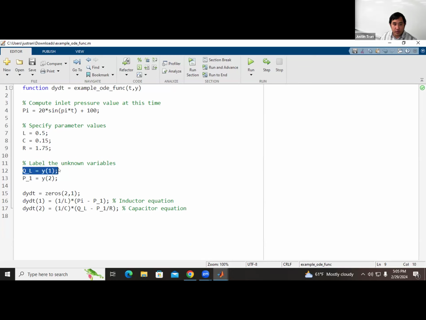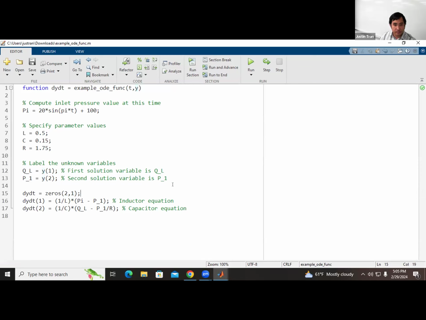We have Q_L equal to y of 1, so our first solution variable is Q_L, and our second solution variable is P1. MATLAB doesn't understand Q_L and P1, so it expects you to read in the variables through this y vector right here.